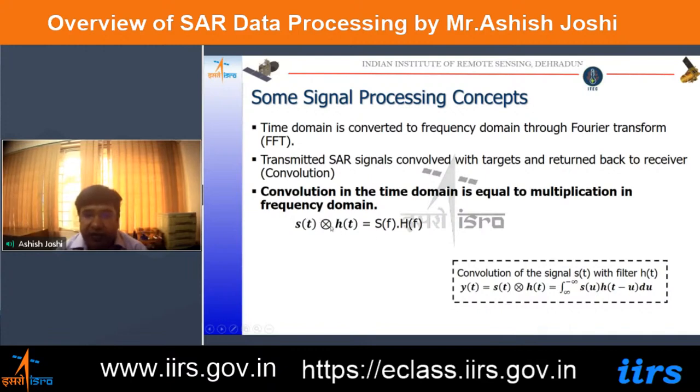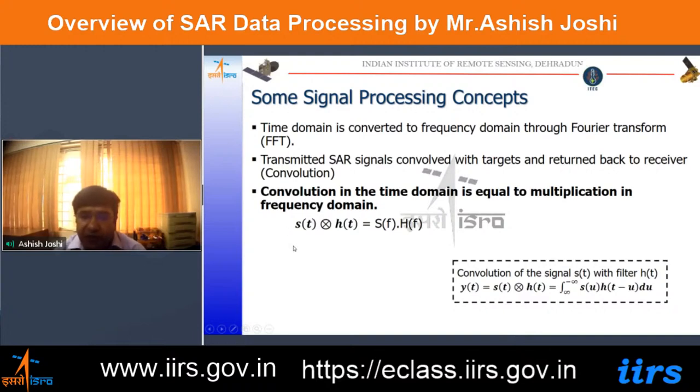If any two signals are convolved in the time domain, and we do the processing in the frequency domain, then we just have to multiply these two signals. So that is the need to work in the frequency domain, because our SAR signal is convolved with the targets and returns back as a signal, which means there is a convolution happening in the SAR data processing.